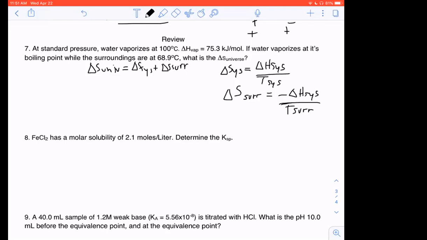Okay, I'll wait for one or two more people to send me what they get. And for delta S of the universe, remember if that's positive or negative, what that actually ends up meaning.